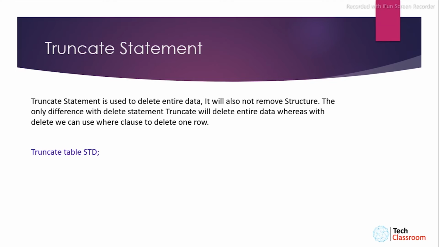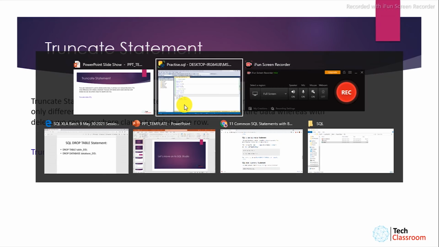It will delete the whole data. It is also sometimes required, and it is faster than the delete command because we need to delete the whole data. So we have to be cautious while selecting the delete and the truncate statements.